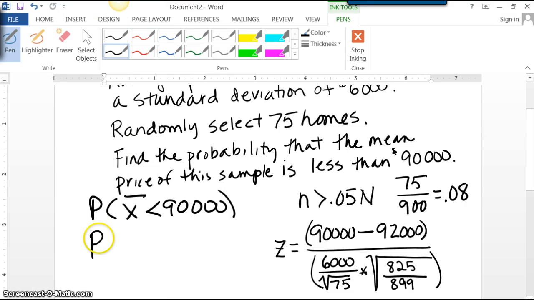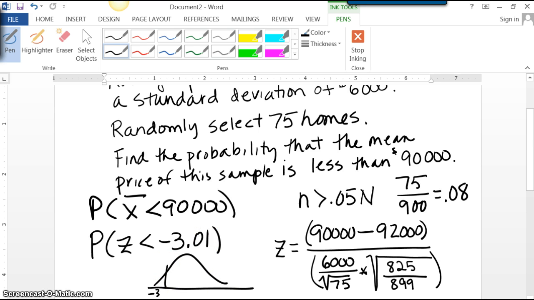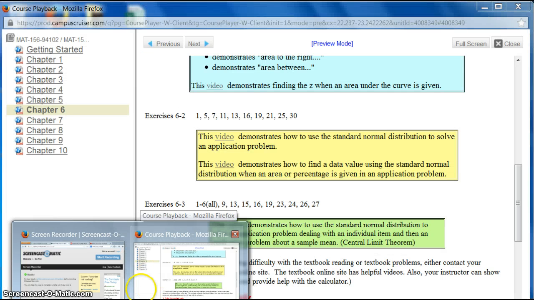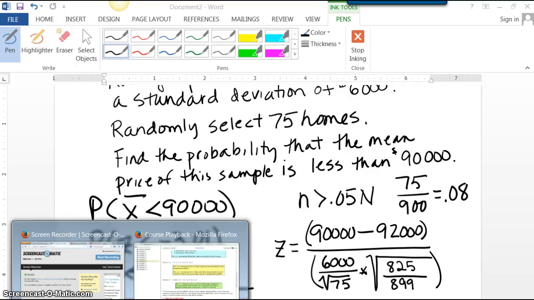So we're going to try to figure out the probability. When we go to our table, we're over here on the left, and we want less than that, and that's what the table shows. So we just need to look up negative 3.01. I've lost my table, so I'll look it up on a table I have in front of me.